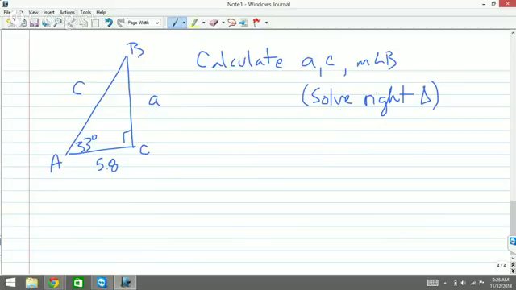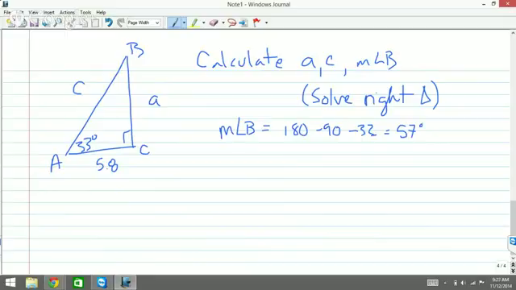You have to find everything. What's the measure of angle B?